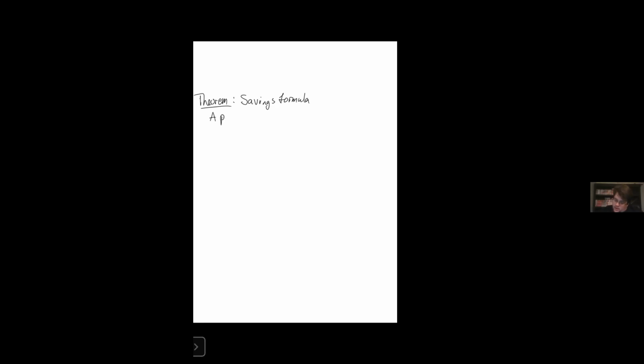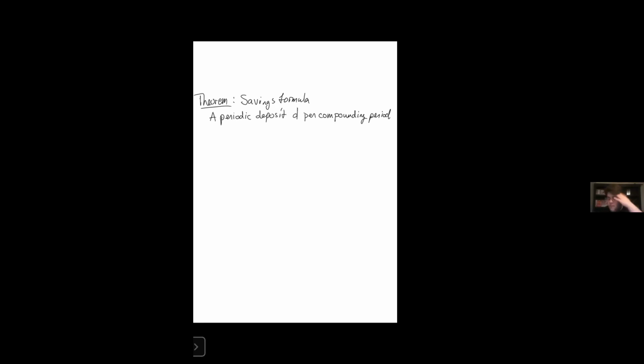A periodic deposit D per compounding period.